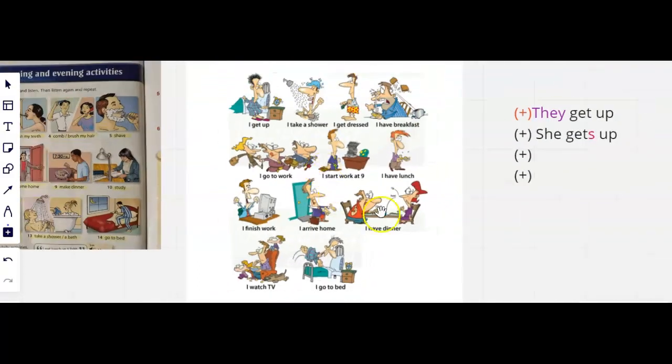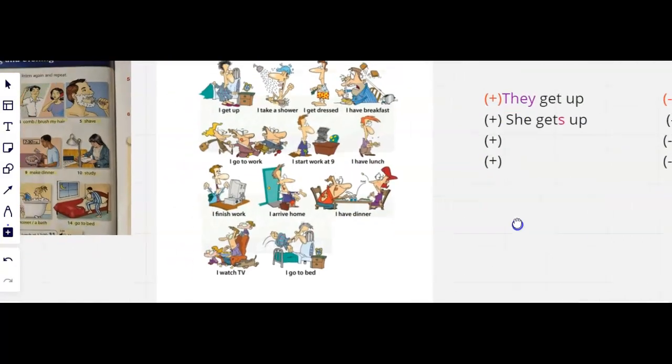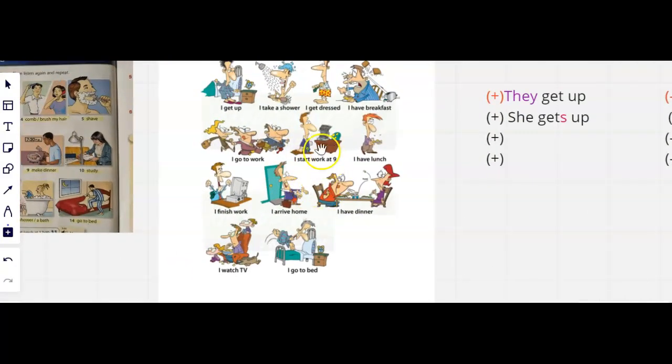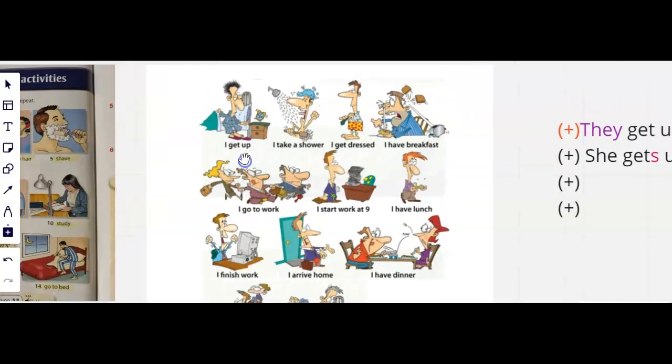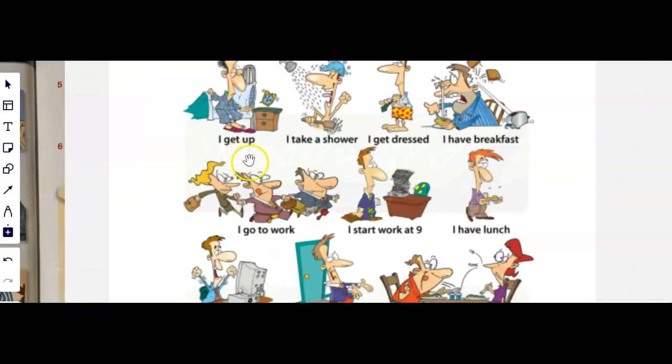This explanation is for learning how to say those routines in first person or third person. If you're going to talk about your sister, for example, what she does every single day, you can start conjugating that way.